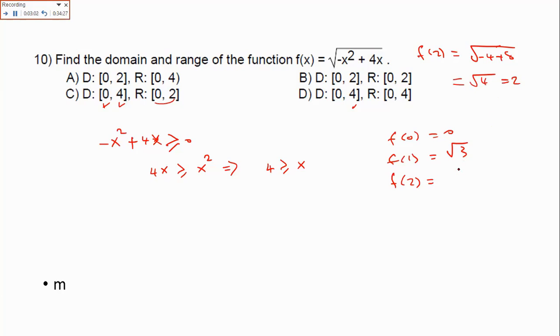That's going to give you 2, so f of 2 is equal to 2. F of 3 is going to be square root of negative 9 plus 4 times 3, 12, which gives square root of 3. And then f of 4, what is it going to give us?